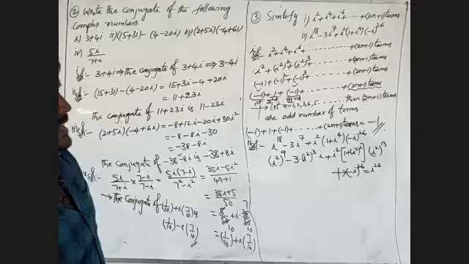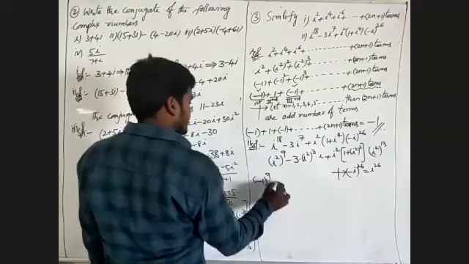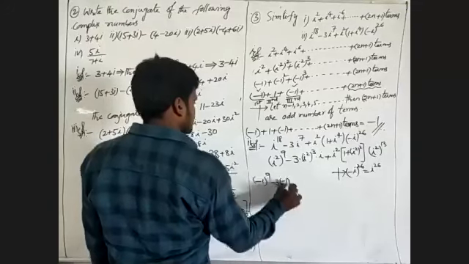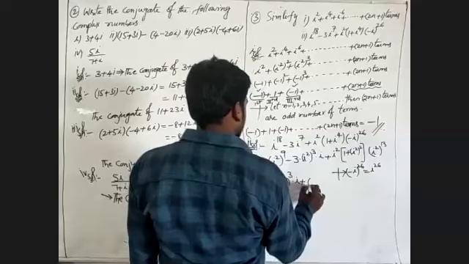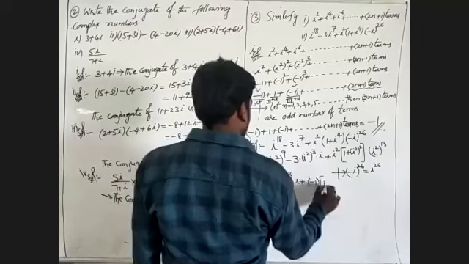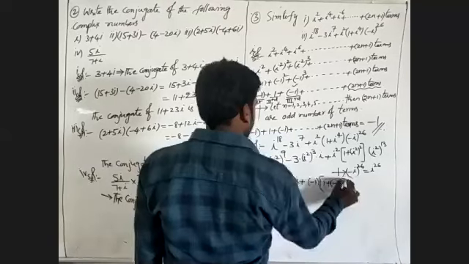Expanding, where i square is minus 1: minus 1 whole power 9, minus 3 into minus 1 whole cube into i, plus minus 1 into 1 plus minus 1 whole square.